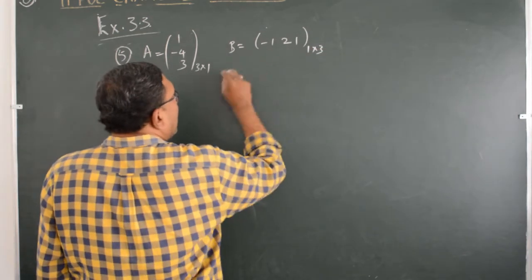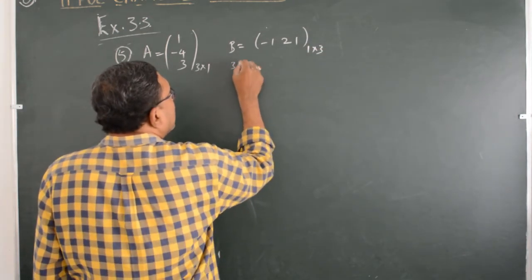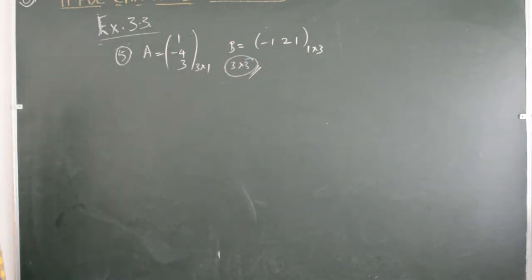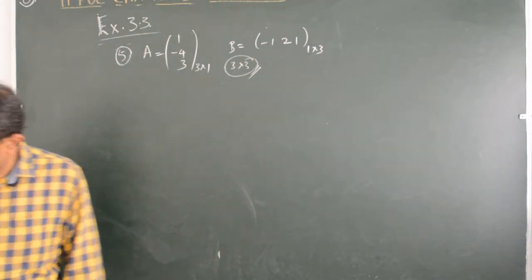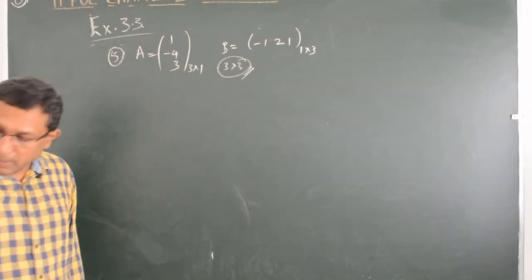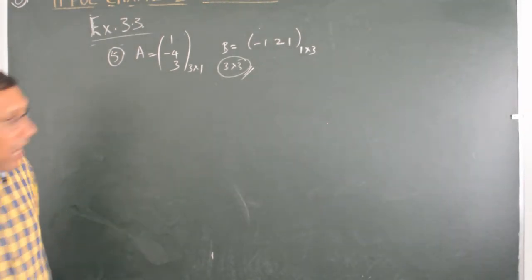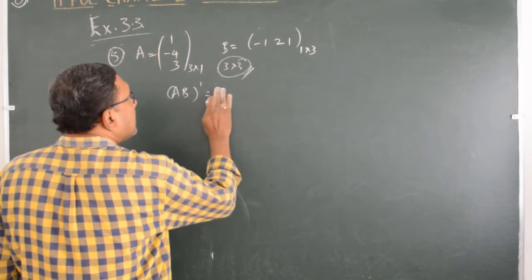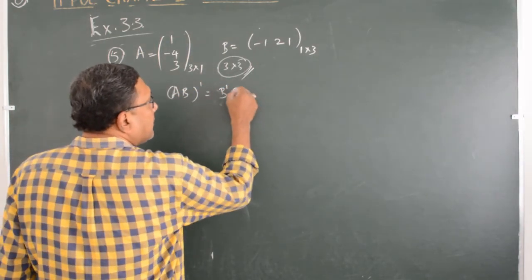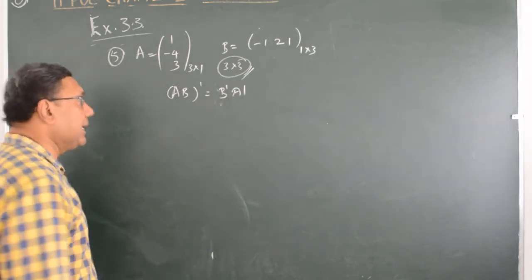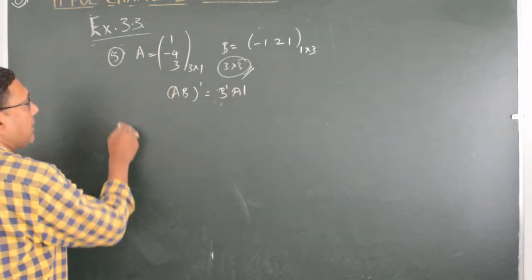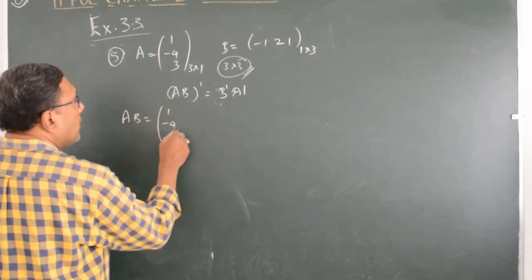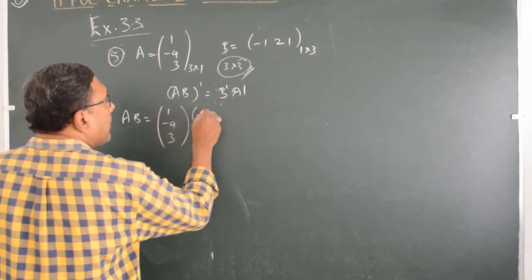Naturally, when you multiply, your resultant matrix will be 3 by 3. Here we need to verify AB transpose, which goes in the reverse direction, B transpose and A transpose. Let's take AB. AB is nothing but 1, minus 4, 3 multiplied by minus 1, 2, 1.